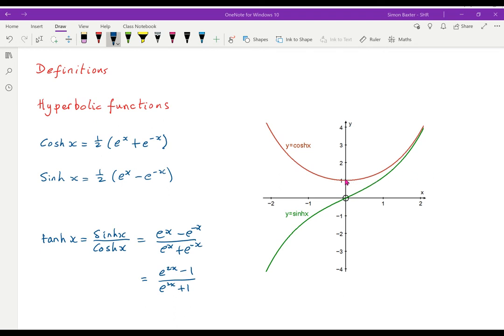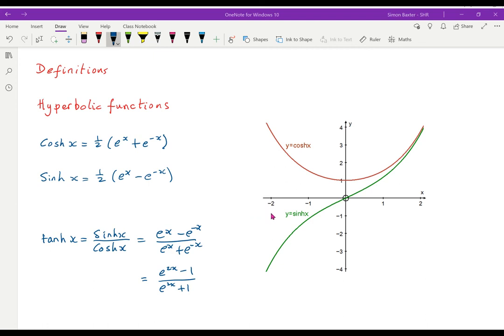An exactly similar argument will happen over here. If x gets bigger and bigger and bigger, negative, then this gets smaller and smaller. We're approaching minus 1, and the magnitude is always going to be slightly smaller than 1. So we're just above minus 1.